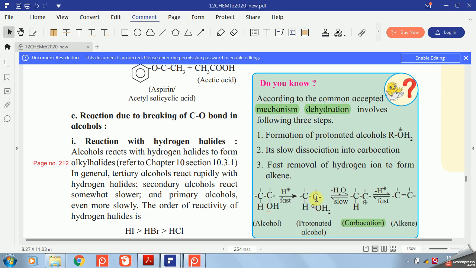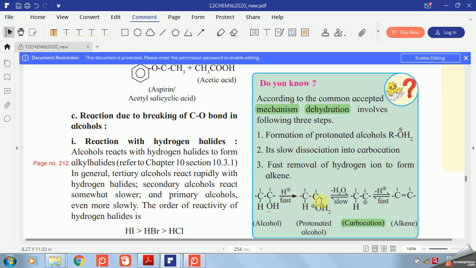Oxygen is divalent, but there are 3 bonds here, so a plus charge is created, and this is a fast step because they are eager to gain that proton.